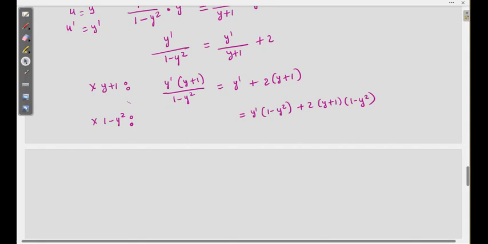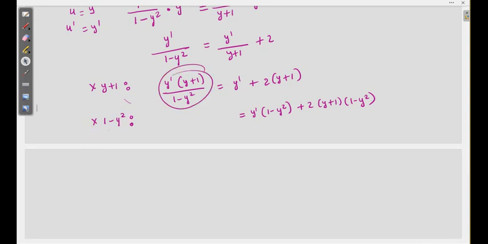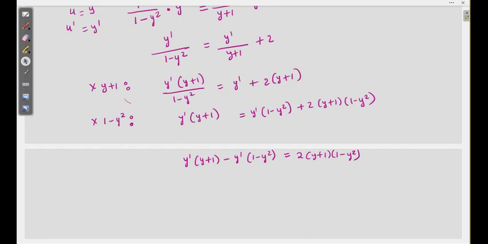So when this is multiplied, the denominator cancelled, and we're left with y plus 1. Then we collect those with y prime on one side: y plus 1 minus y prime into 1 minus y squared. We leave this one, y plus 1 and 1 minus y squared. Do not rush to multiply them inside; work with them as they are. Then y prime into y plus 1 minus 1 minus y squared.